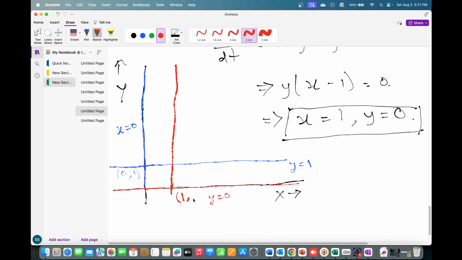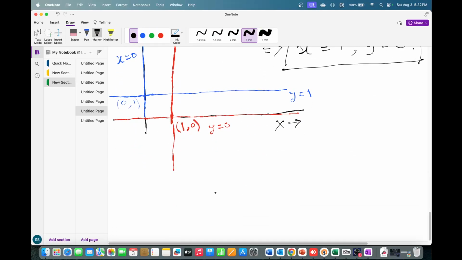This is 1 comma 0 and this is your line. So the red lines indicate the null line of y and the blue lines indicate the null line of x. Now how is the steady state defined? I'll just write it here below.